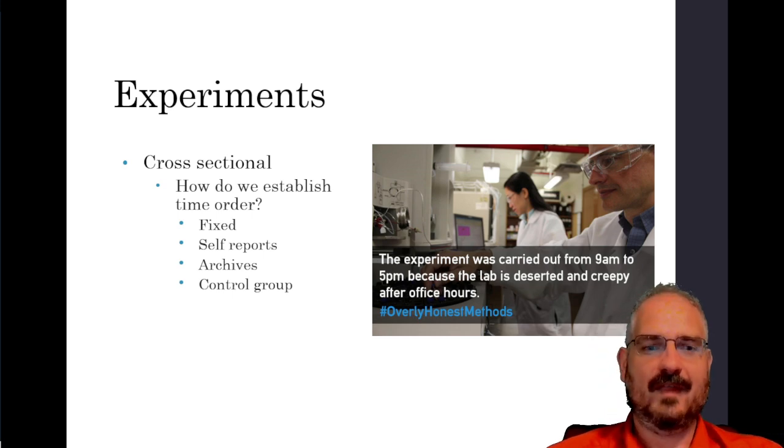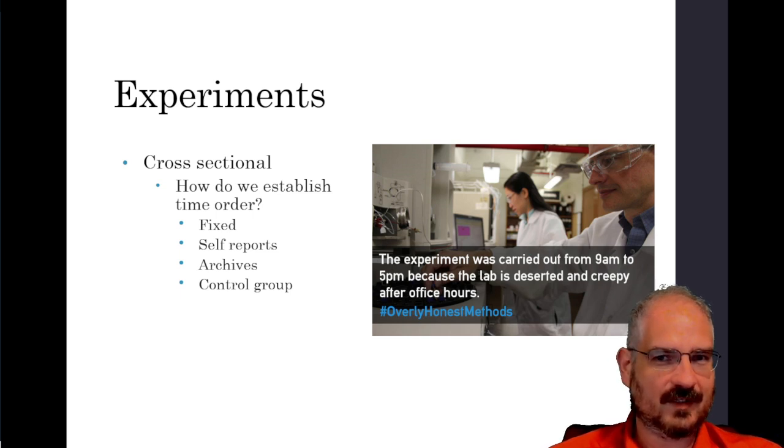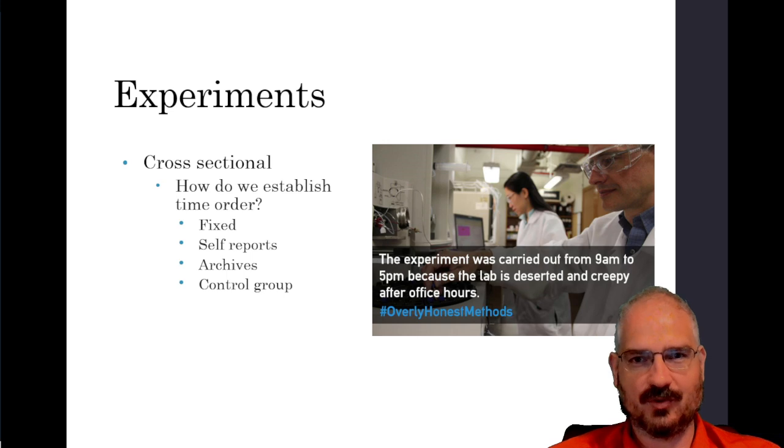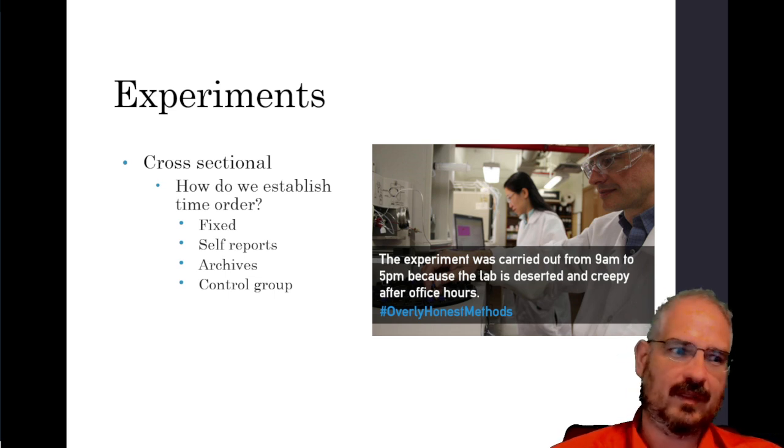Well, the time order is not so clear. Neither one of those two things is fixed. Neither one of those two things obviously came first, right? So one of the things we do is rely on self-reports. We ask people, hey, what came first? You choosing to do these delinquent things or you hanging out with this group of friends?